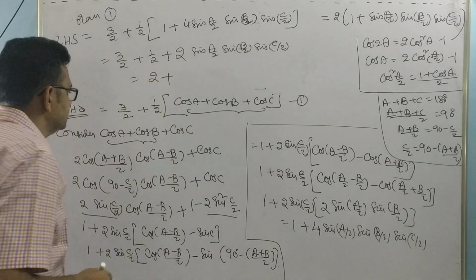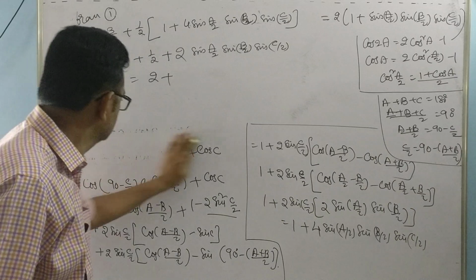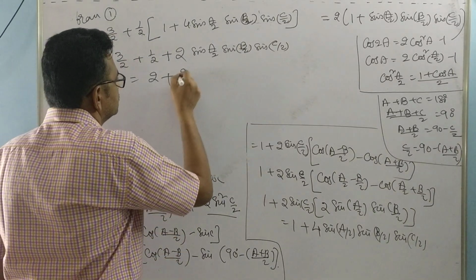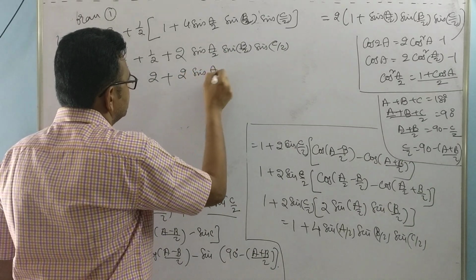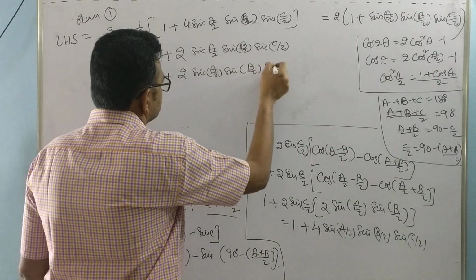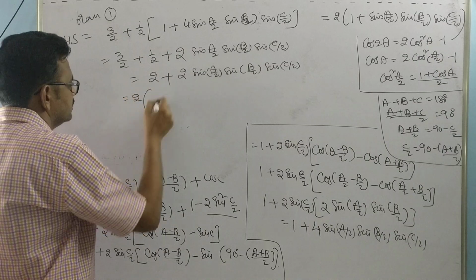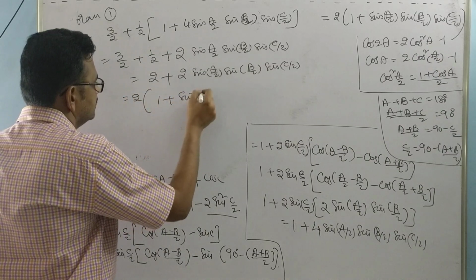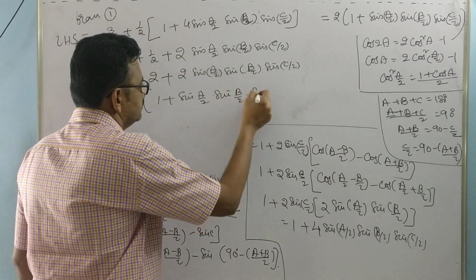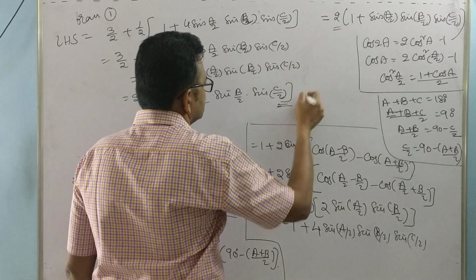So this is 2 plus 2 sine A by 2 into sine B by 2 into sine C by 2. If 2 is taken common, this is 1 plus sine A by 2 into sine B by 2 into sine C by 2. So this is RHS.